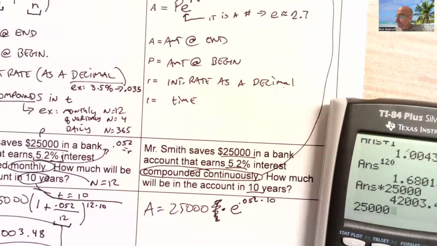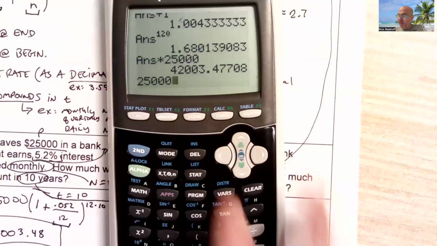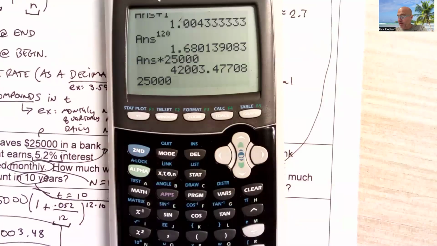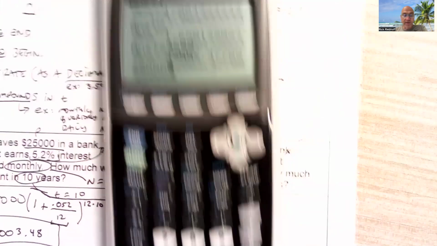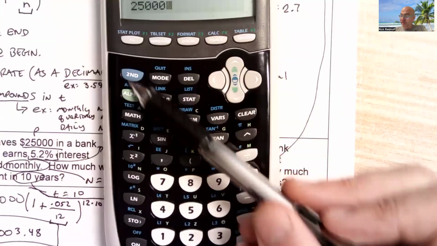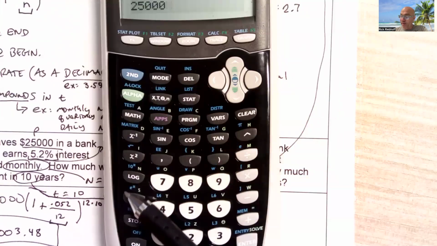25000. Okay. Where to find E? There's two different places. If you go down the left side of your calculator to ln, you'll see right above it is E raised to the X power. That's a good one, especially if you want to put something in the exponent, which we do.